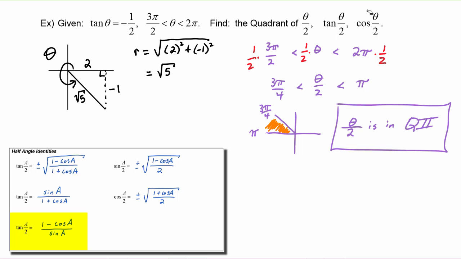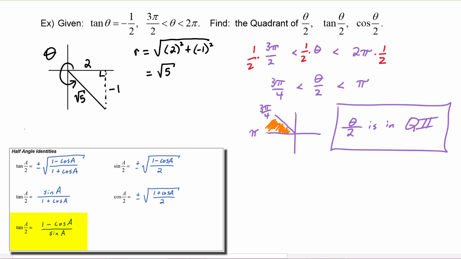Now, one of the things that we notice about all of the identities for tangent of theta over 2 is that they all involve sines and cosines. So looking at our picture here, we can see we're going to need the sine of theta and the cosine of theta in order to plug into the identity here.